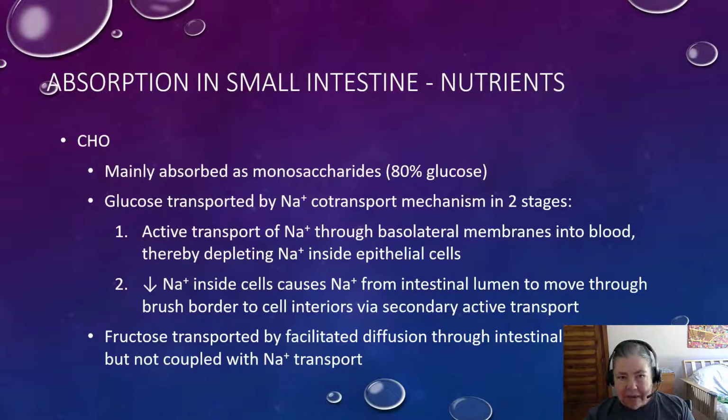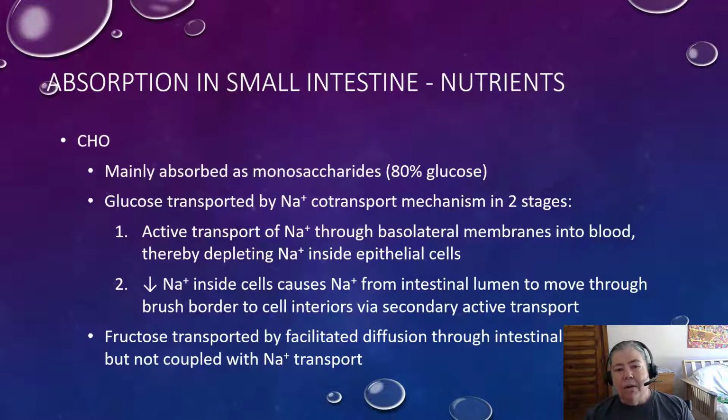It's pumping it out on the basal side. Therefore, sodium in the intestinal lumen is able to move through secondary active transport. It's secondary because it occurs because of that low sodium inside the cell created by the ATPase.